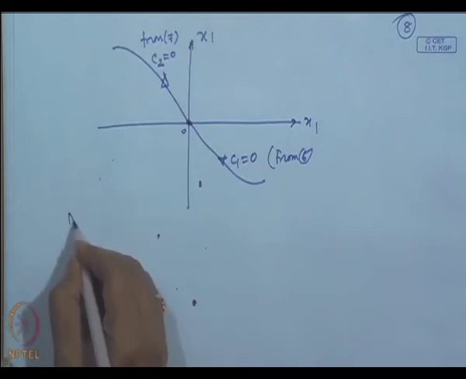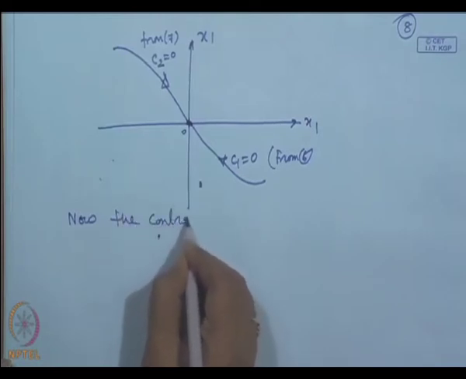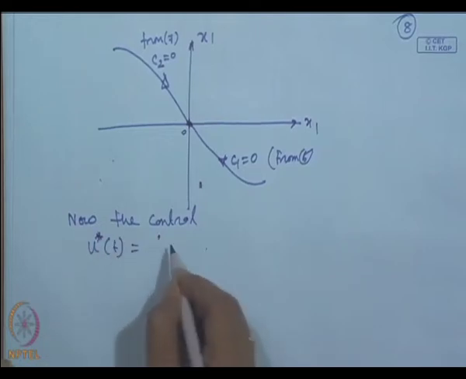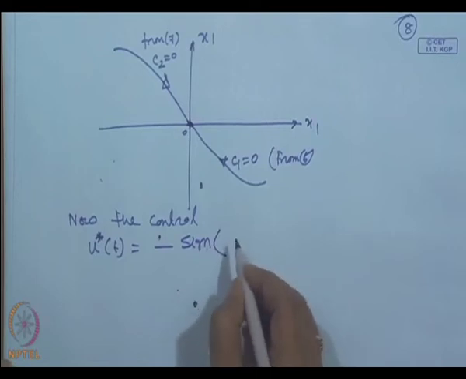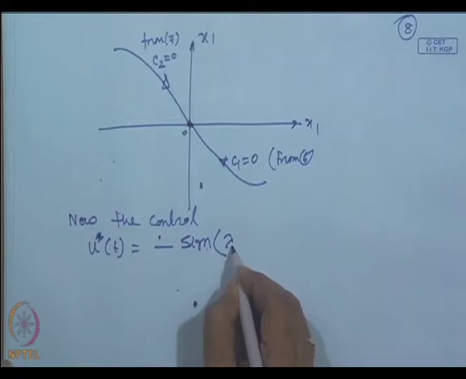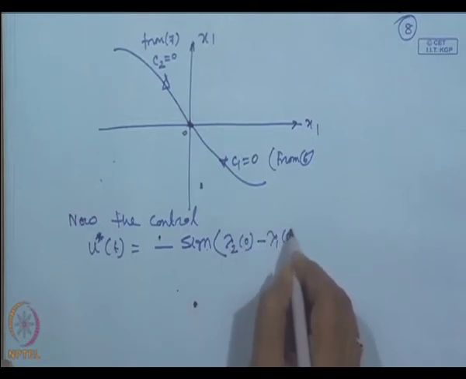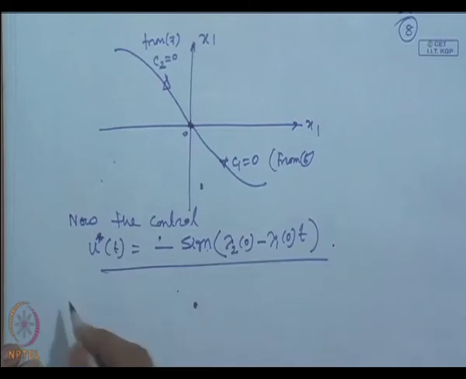You see, now the control law: u star of t is equal to minus sign of lambda 2, and lambda 2 is lambda 2 of 0 minus lambda 1 of 0 into t. Again, this is our control law.